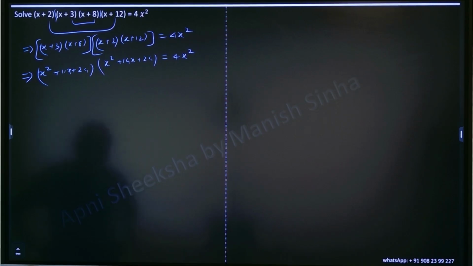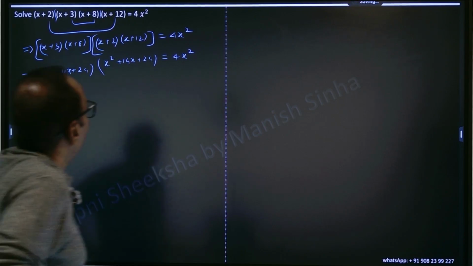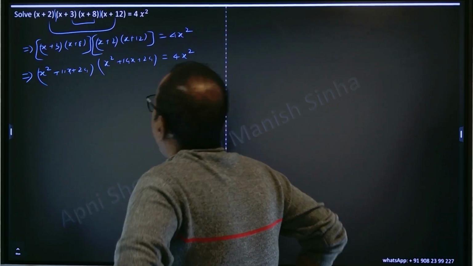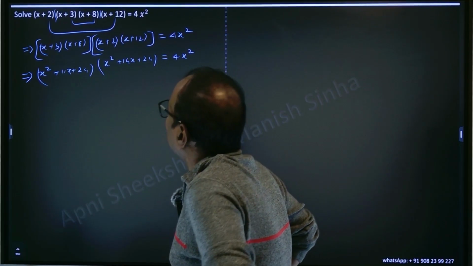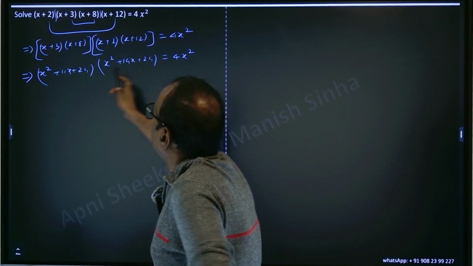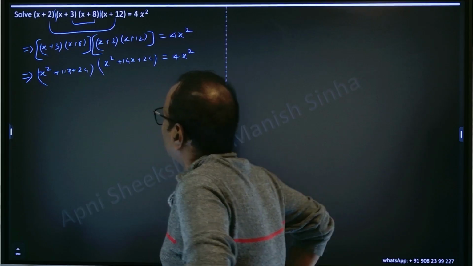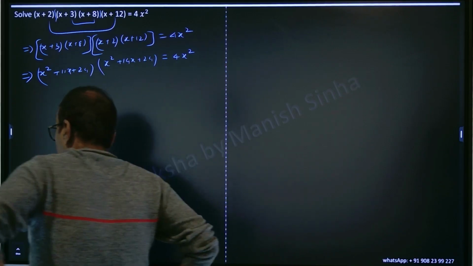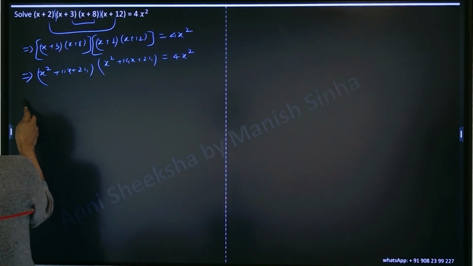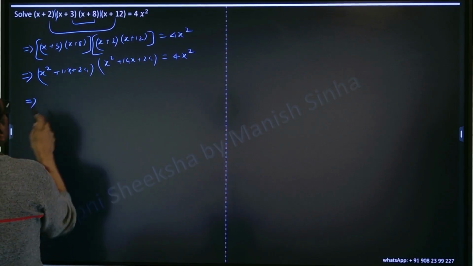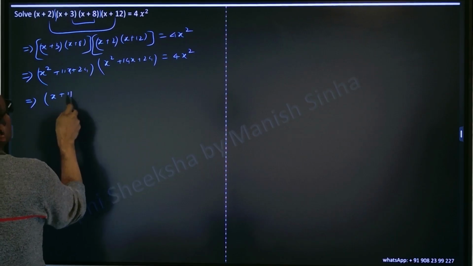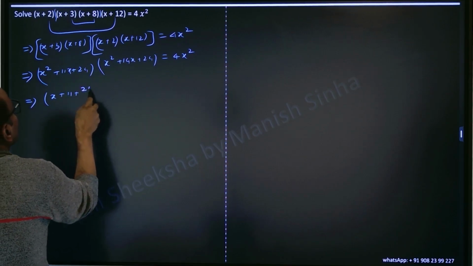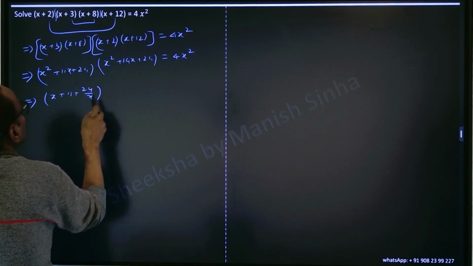So now what to do? You can divide by x square and see what is happening. x plus 11 plus 24 by x.